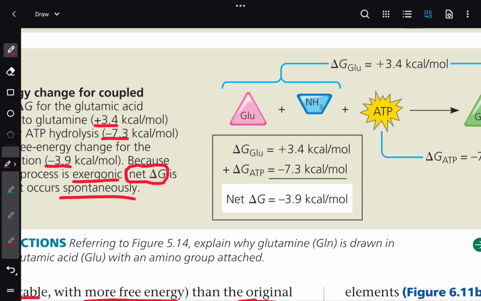That means it's exergonic. That means that the exergonic part or reaction provides more or equal energy than what the endergonic reaction needs.